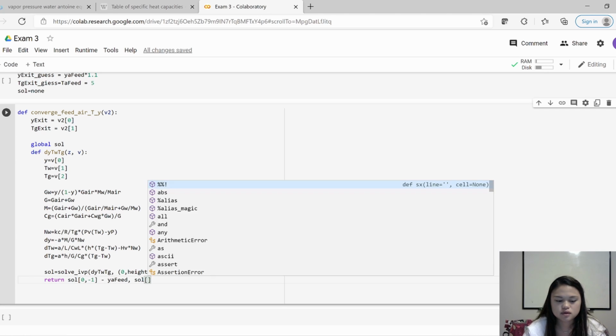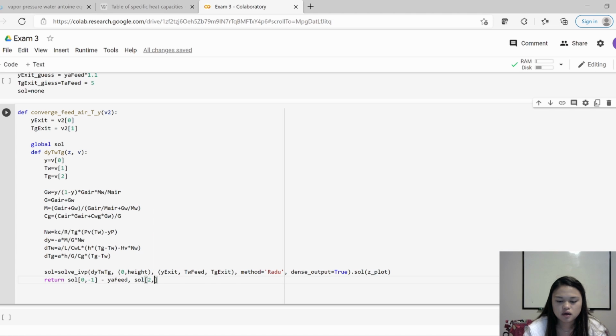So I'm going to look at that second thing, and then we want the last value again. And now I want to subtract this by the temperature of the air in the feed. Okay, that looks good.